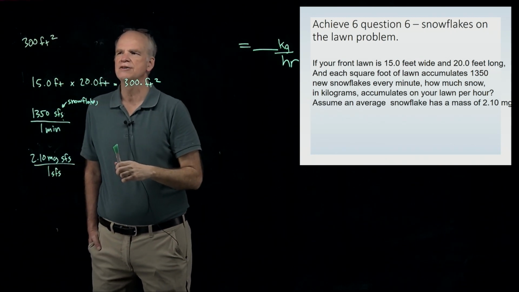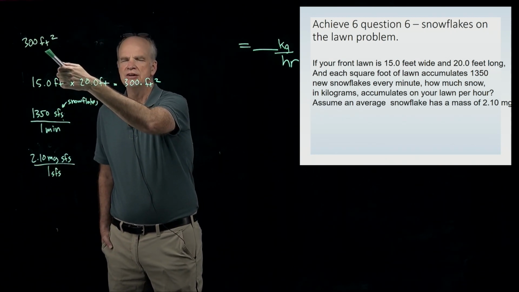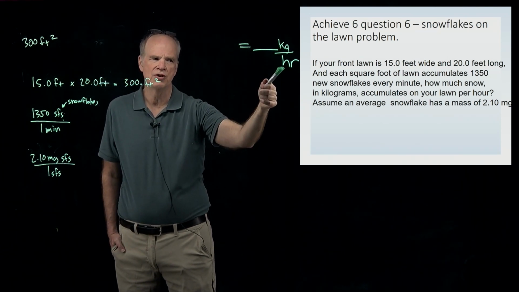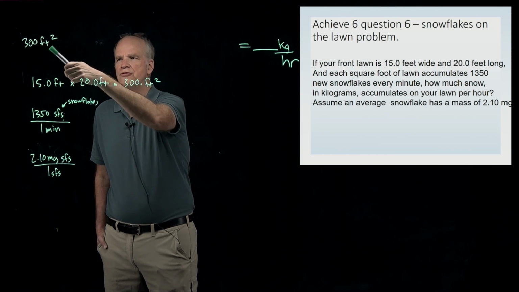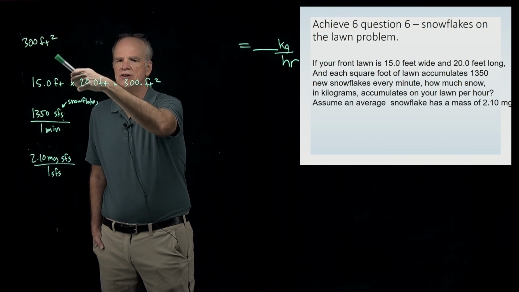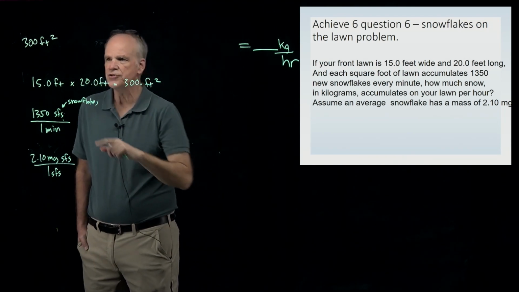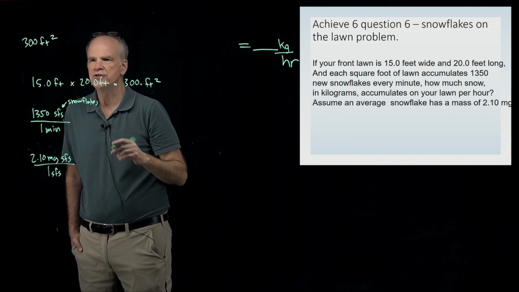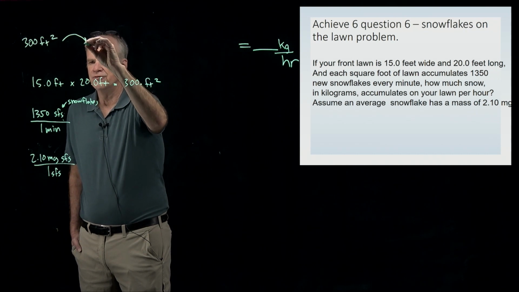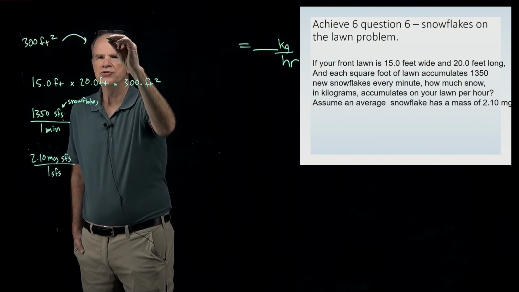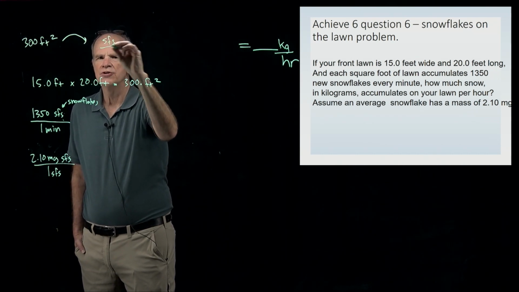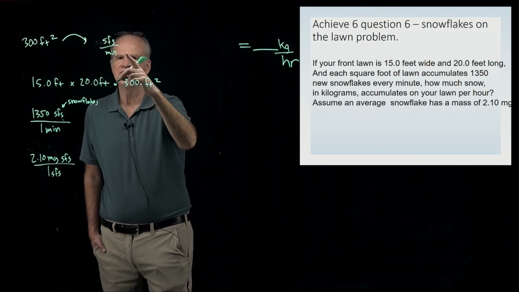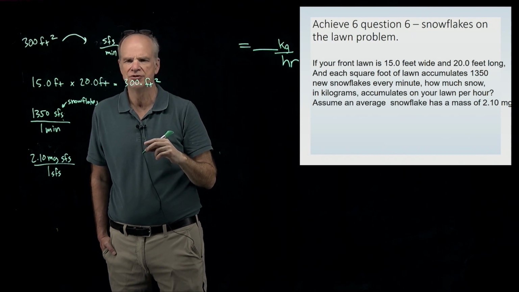And what we're trying to figure out is how much snow in terms of kilograms per hour will fall on a 300 foot squared lawn given these parameters. So we have the area of the lawn, which is 300 feet squared. So what I might first do is try to convert this into snowflakes per minute. That's a little tricky to do, but I'll show you how to do that. And then once you're at snowflakes per minute, then the problem isn't so difficult to solve.